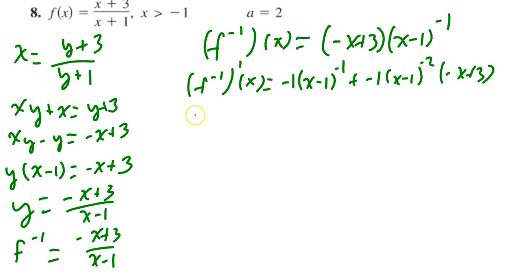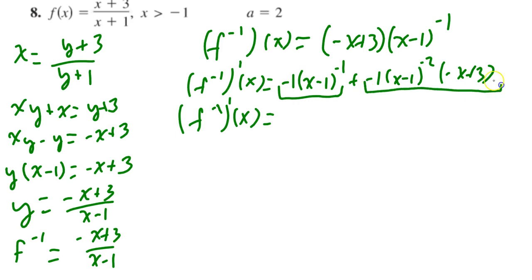You know what? I'm going to clean this up just so that we can get some practice on this. I don't know why my tablet keeps doing this. I know that this factor has an x minus 1 to the negative first power. This factor has an x minus 1 to the negative 2 power. So I can factor out the smaller quantity of x minus 1s, which would be the x minus 1 to the negative 2, from each of these.